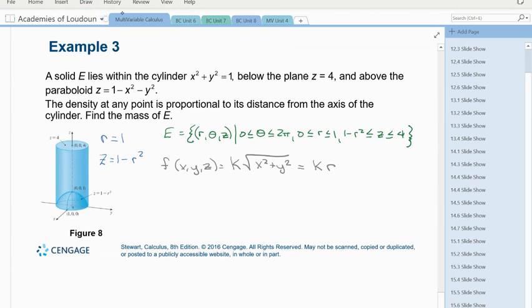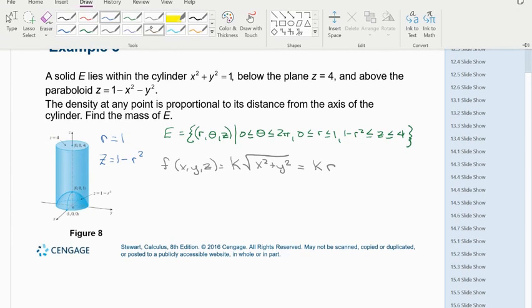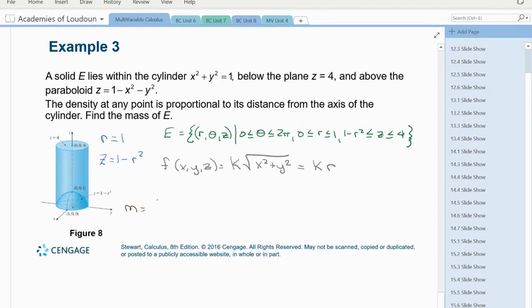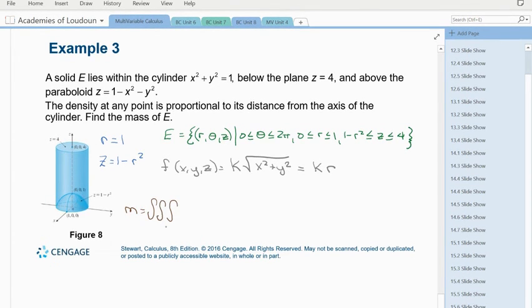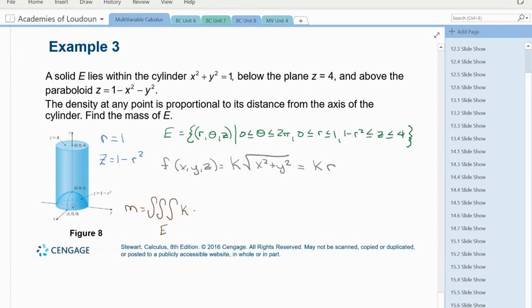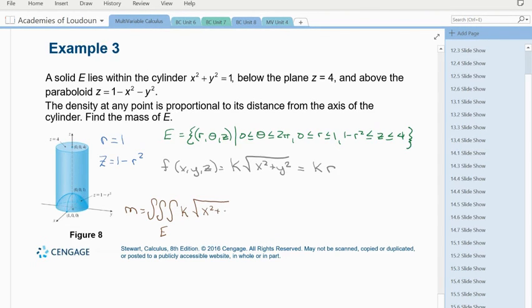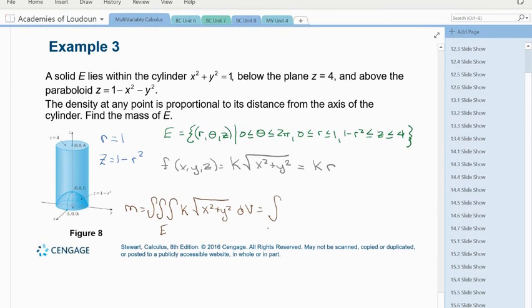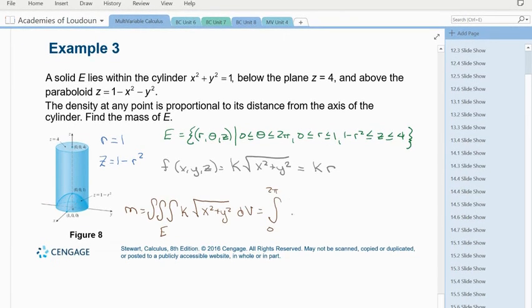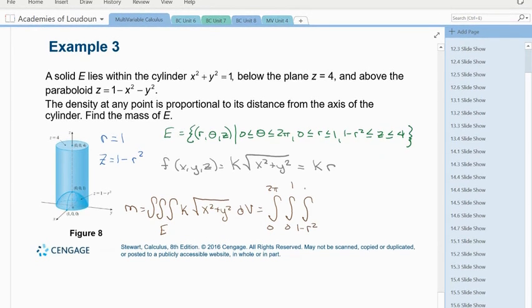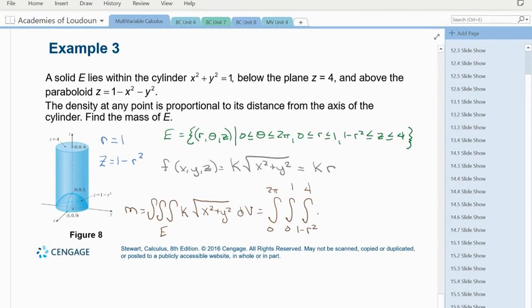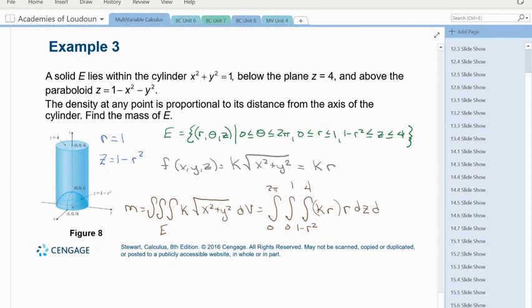Therefore, we can set up our integral where the mass is going to be the triple integral over the region E of k times the square root of x squared plus y squared, which is our function, dV, which is going to be the integral from 0 to 2 pi, the integral from 0 to 1, the integral from 1 minus r squared to 4 of kr, need the r, and then dz, dr, and d theta.